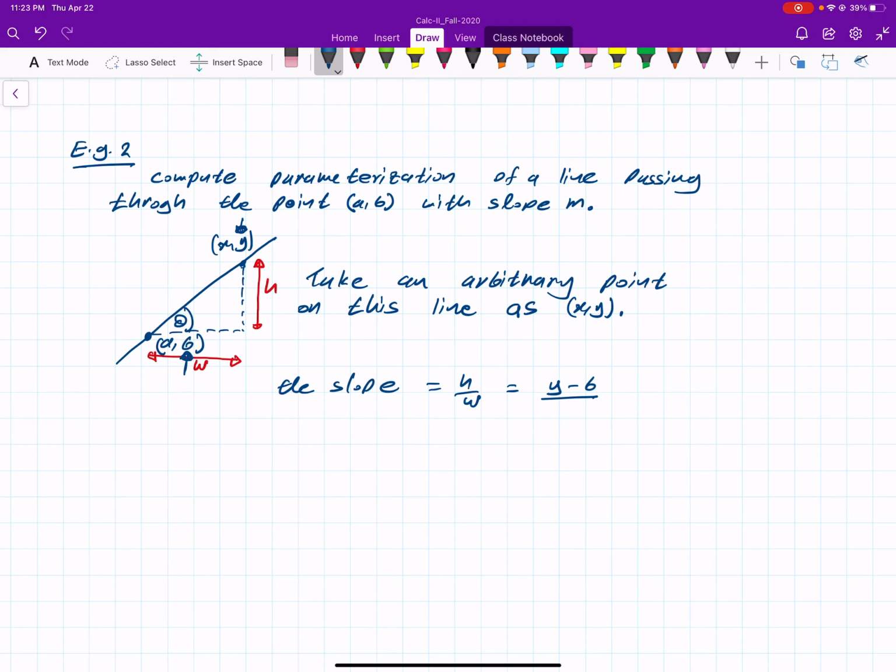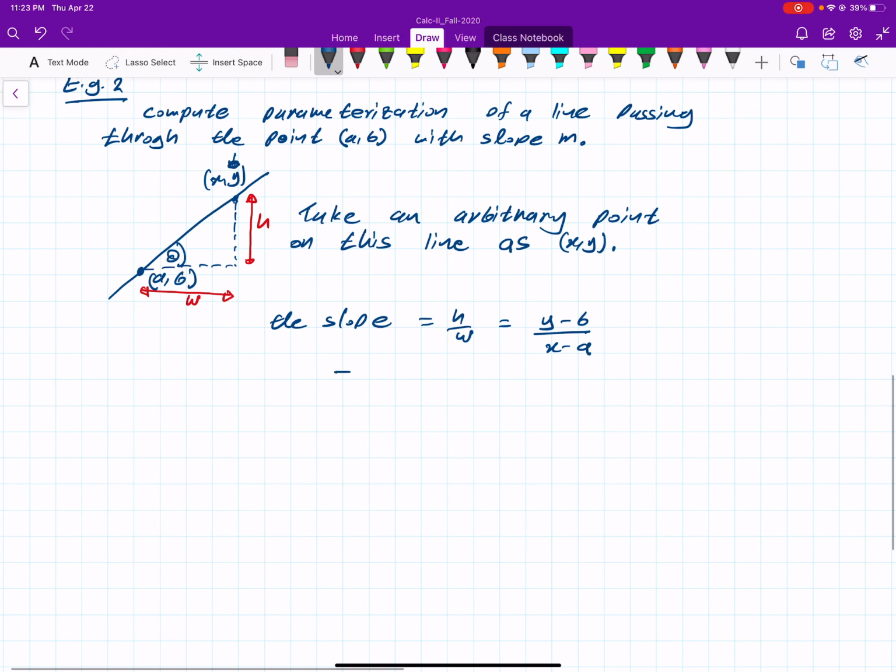Then you divide by x minus a, which is w, the difference of the x coordinates. So m equals (y minus b) over (x minus a).